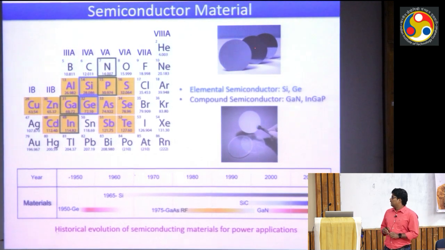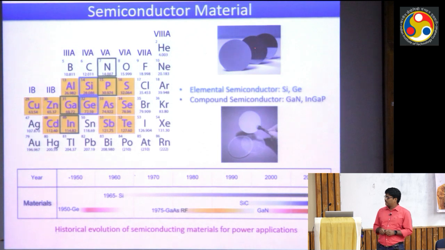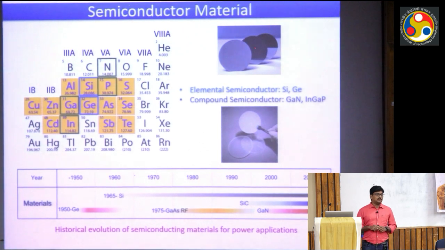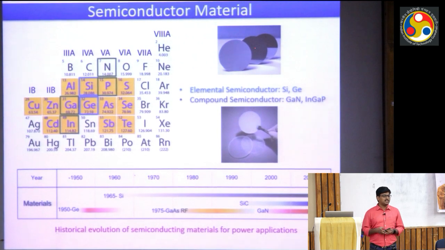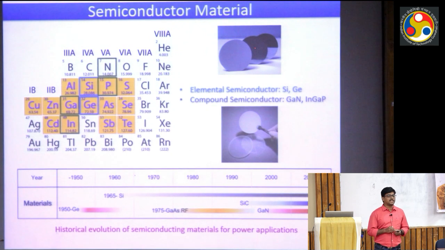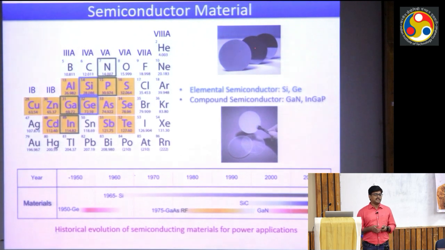So people moved to compound semiconductors like gallium arsenide, silicon carbide, gallium nitride, or III oxide like gallium oxide, to achieve better performance, considering here the power application. Power application requires high voltage as well as high frequency. If you want very high voltage and high frequency, silicon cannot provide that advantage. That is why people move to these other semiconductors.